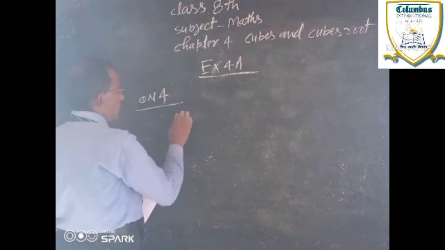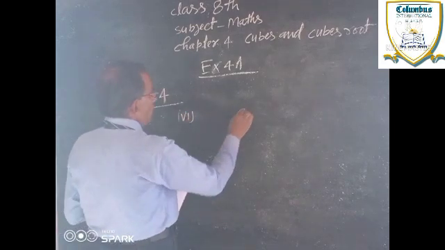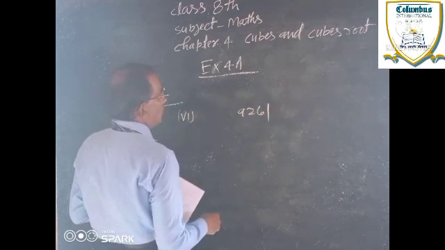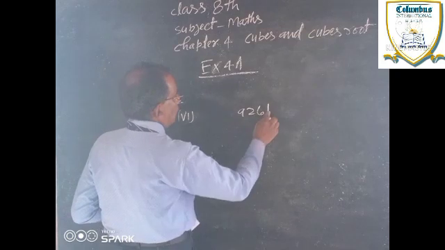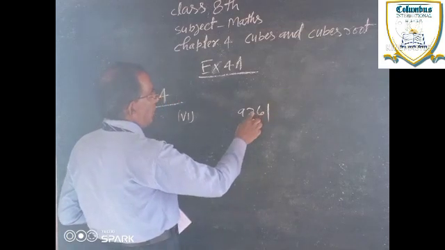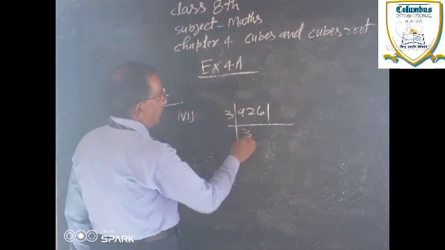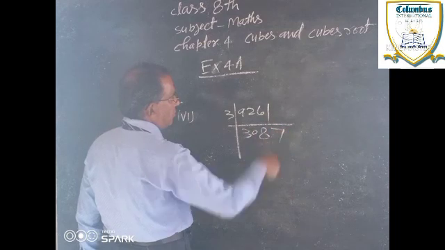Sixth question, 9261. 1 6 7 to 9 9 18. That is, this number will be divisible by 3. 3 3s are 9, 0, 3 8s are 24, 2 1, 3 7s are 21.